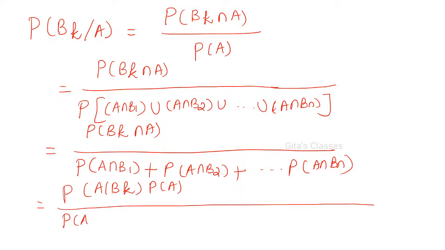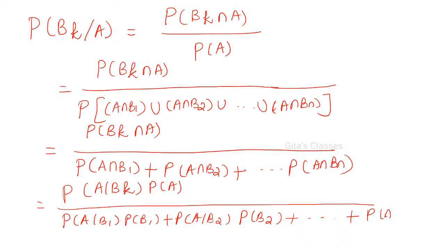P of A given B1 into P of B1 plus P of A given B2 into P of B2 plus etc. plus P of A given Bn into P of Bn. Okay? If you have any doubt, you ask me. I have applied the multiplication theorem.